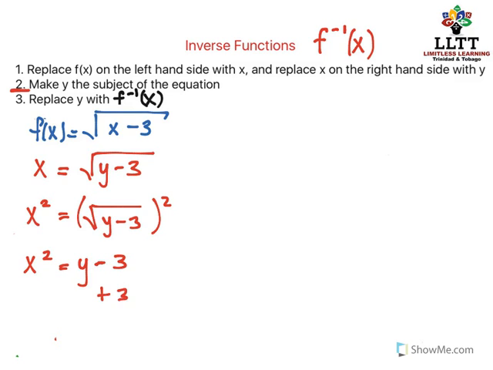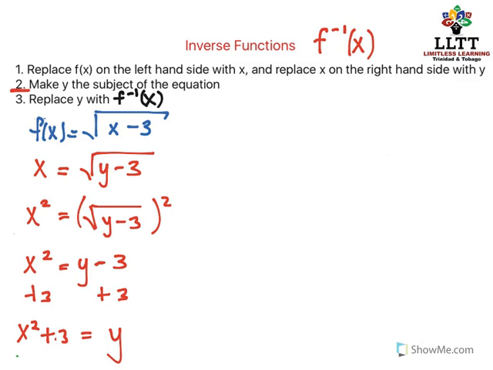And you want to solve for y, so you want y on one side, everything else on the other side. So I'm going to add 3 to both sides. So on my left-hand side, I'm going to get x squared plus 3. And on my right-hand side, I'm going to get y minus 3 plus 3. Minus 3 plus 3 is 0, so that's y plus 0, which is simply y.